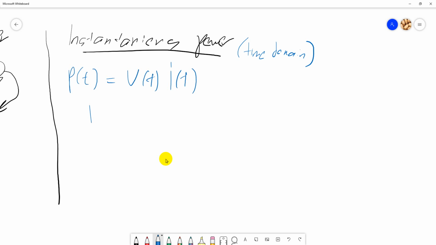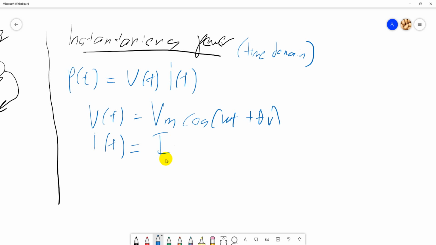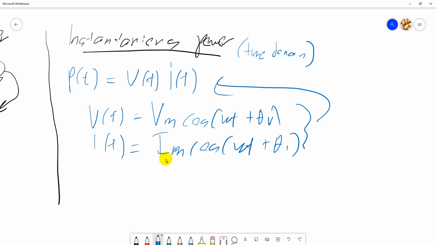You have to define v(t) as Vm, the maximum voltage, cos(wt plus theta v), and i(t) equals Im cos(wt plus theta i). You just multiply these together and you get instantaneous power.